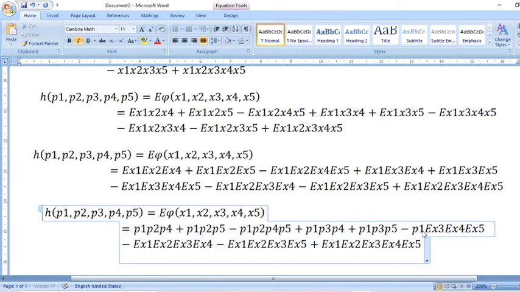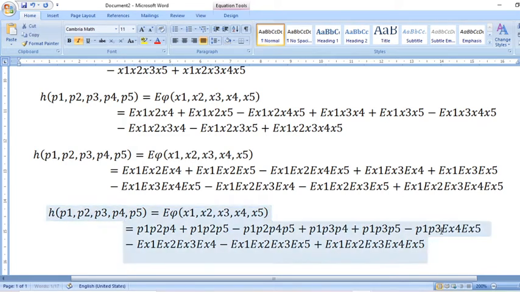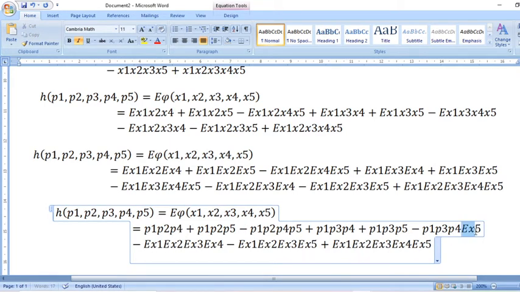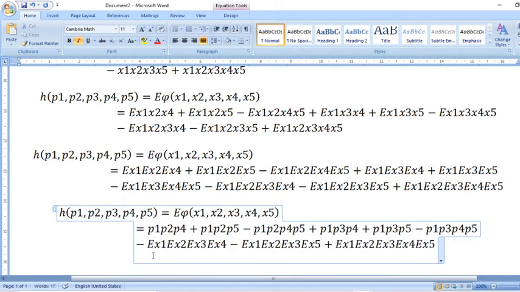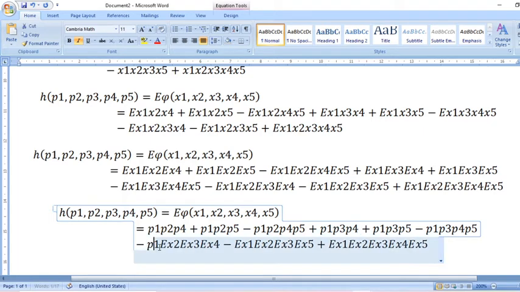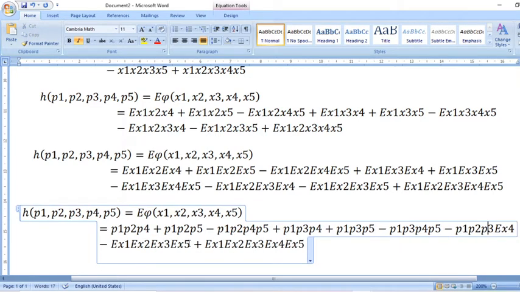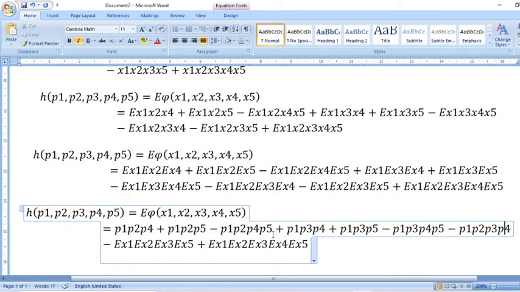This is p1, p3, p4. This is p1, p3, p5. Then p1, p3, p4, p5. Then p1, p2, p3, p4.